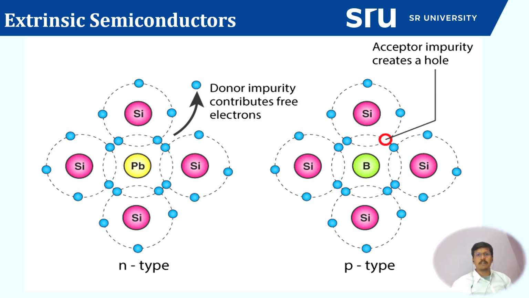In N-type semiconductors, doping introduces the additional free electrons. Therefore, the electrons become the dominant charge carriers in this extrinsic semiconductor.